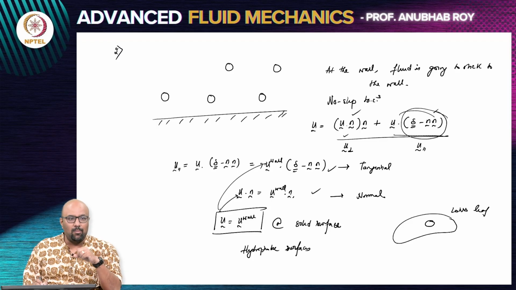You can again go back to how we have been discussing these things: if you go to the molecular level and argue for this being an ideal gas, which means it is basically made up of non-interacting molecules, you can show that no slip is the first level approximation you will get.